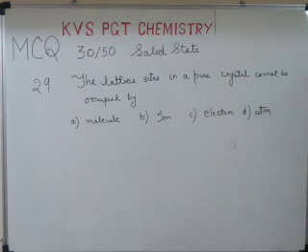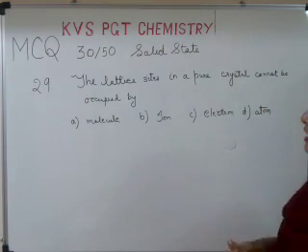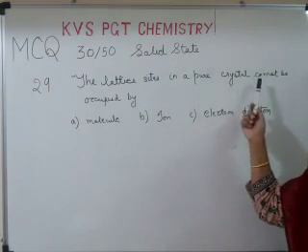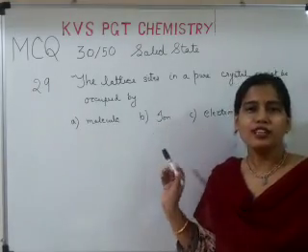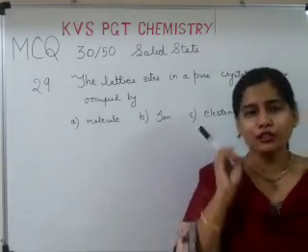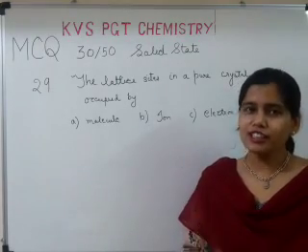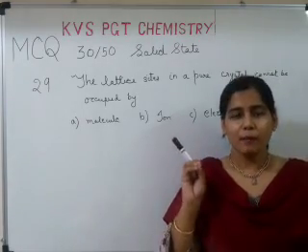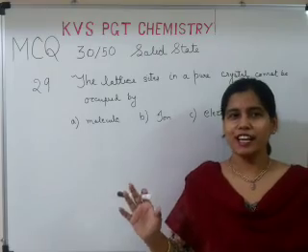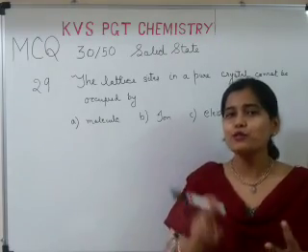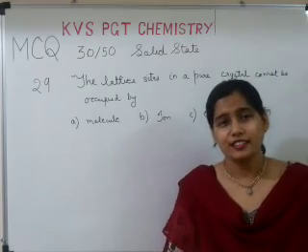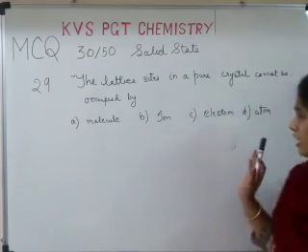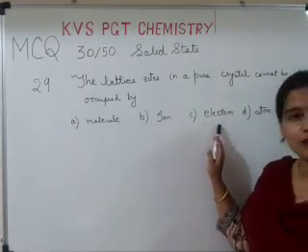Now children, moving to question number 29, see, the lattice sites in a pure crystal can be occupied by. This question comes from the very first line of the solid state. What you have learned, the constituent particles in the bracket, atoms, molecules, ions, they occupy the lattice site. Did you ever learn about electrons?